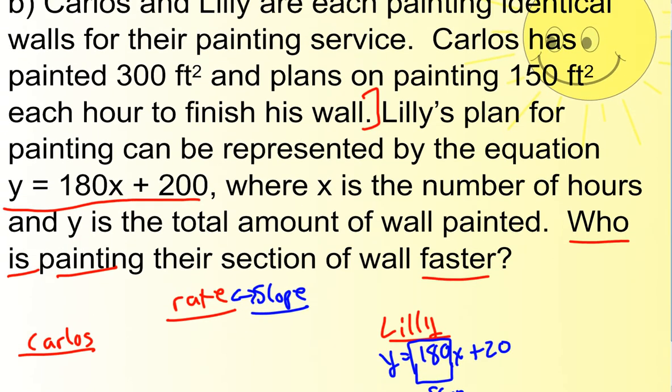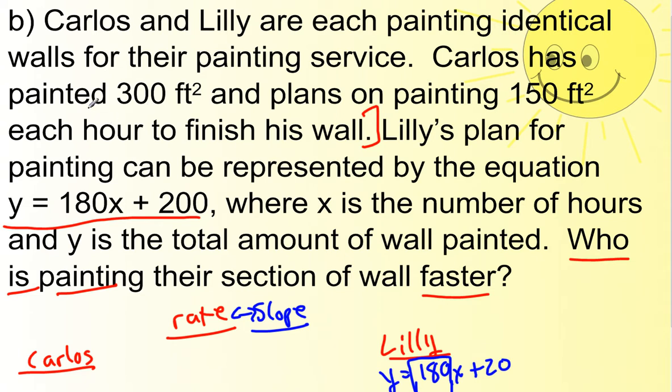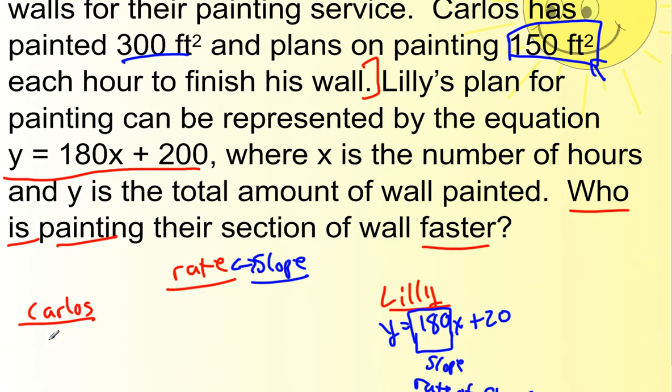Okay, Carlos, let's see, it says he has painted 300 feet of wall and plans on painting 150 feet each hour, or feet squared each hour. So how much he's doing each hour, that is the speed that he's working. So he's working at a rate of 150 feet squared per hour.